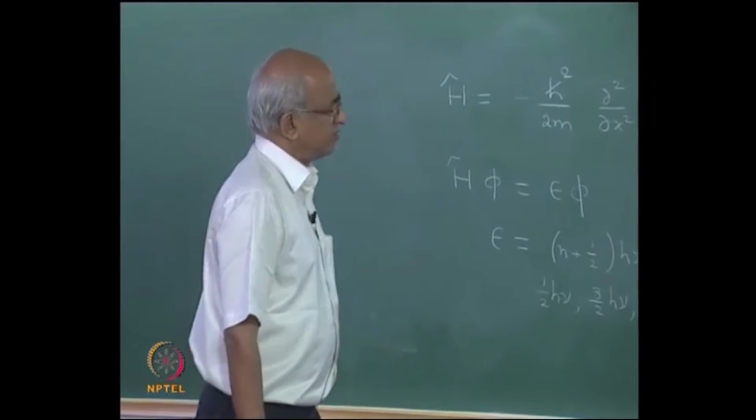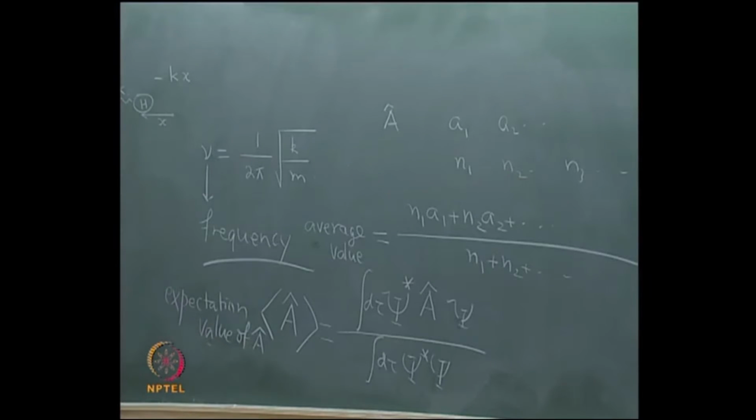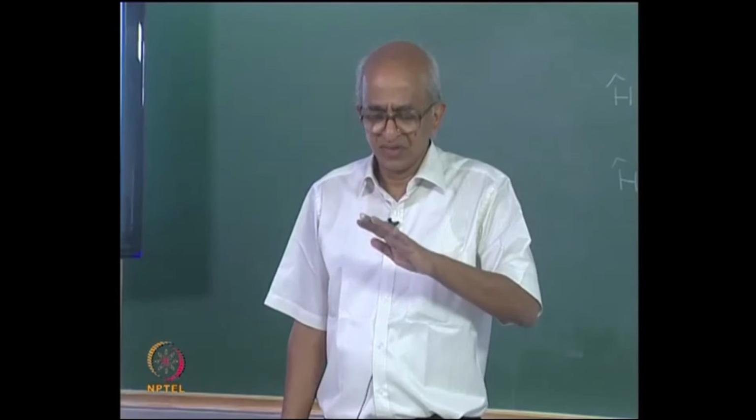Okay, there are a few things that can be proved from here, but I am not going to prove all of them. But what I want to say is something which is very important.